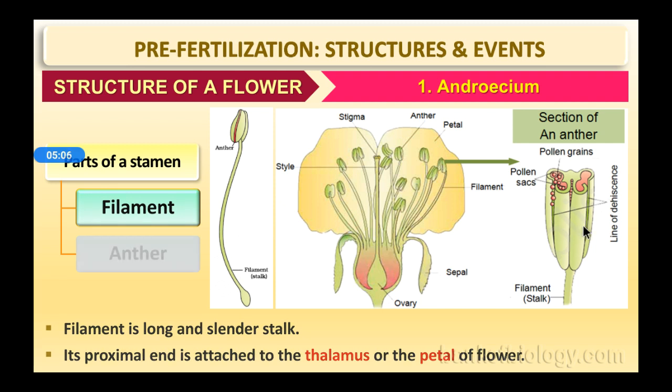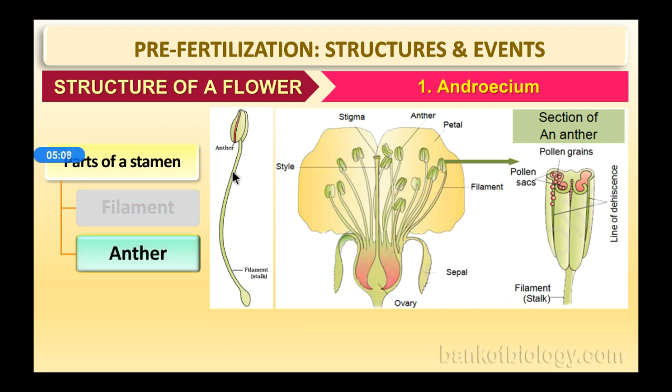Next we'll see the anther. Anthers are bilobed structures. Two lobes will be there, hence they are bilobed. Here you can see the section of the anther. One lobe here, one lobe here.